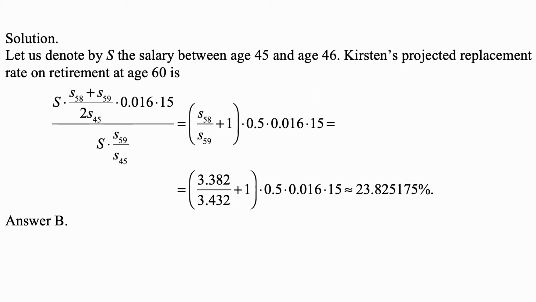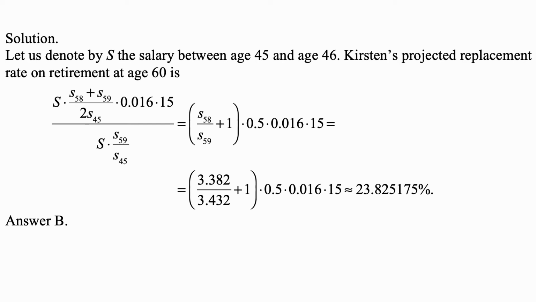And here's the solution. Let us denote by S the salary between age 45 and age 46. Kirsten's projected replacement rate on retirement at age 60 is S times (S58 plus S59) over 2 times S45, because we're taking the average of a salary in the last 2 ages of employment, which are 58 and 59.